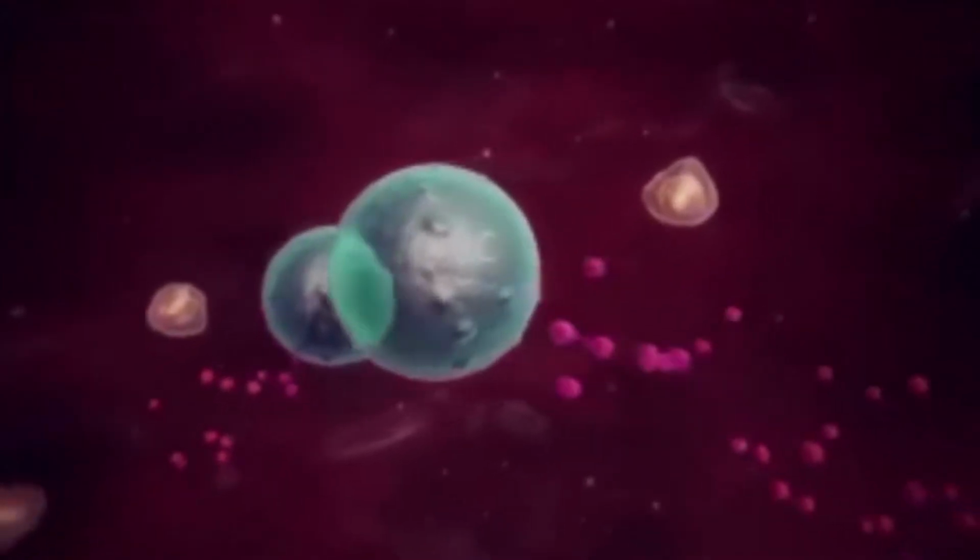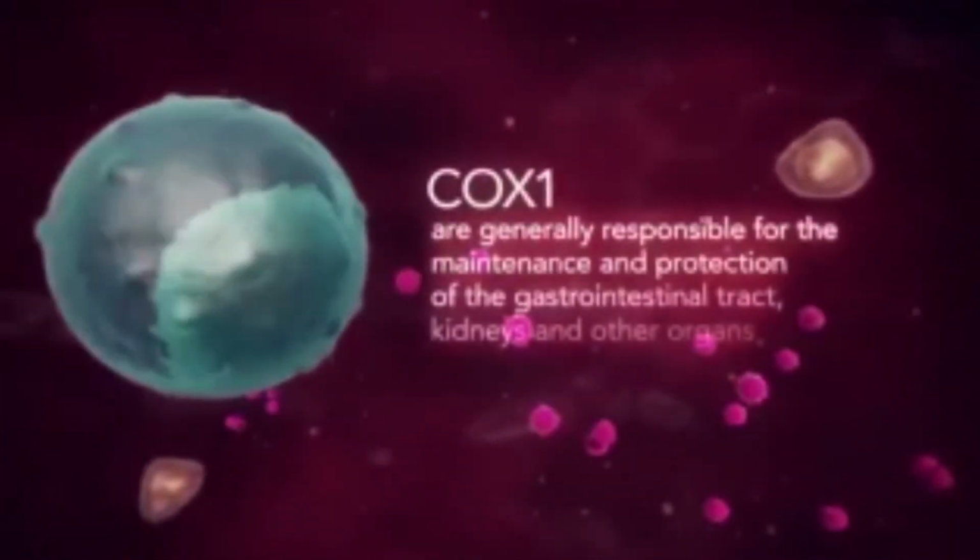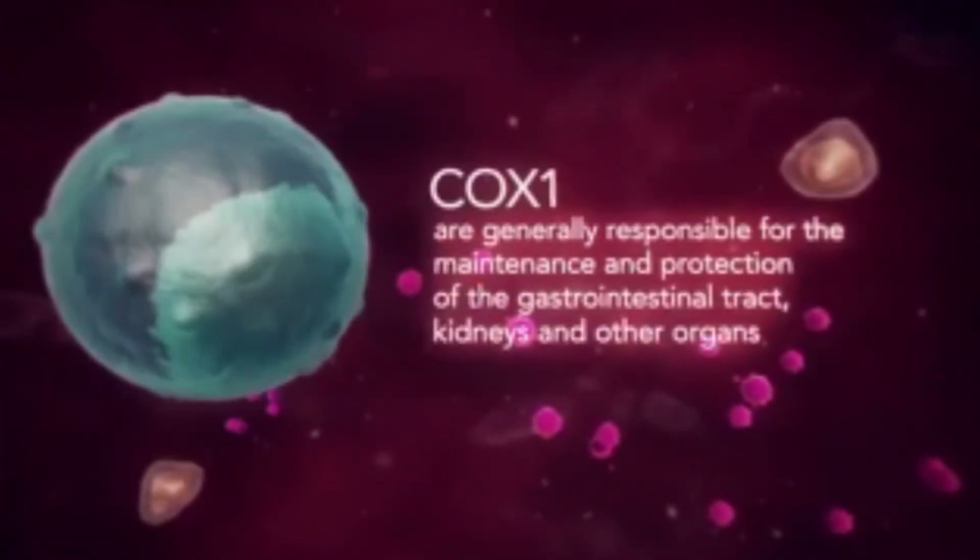To define what COX2 inhibitors are, let us first differentiate COX1 and COX2, which are the enzymes being targeted by these NSAID medications. So first, COX1 produces prostaglandins that activate platelets and protect the stomach and intestinal lining.